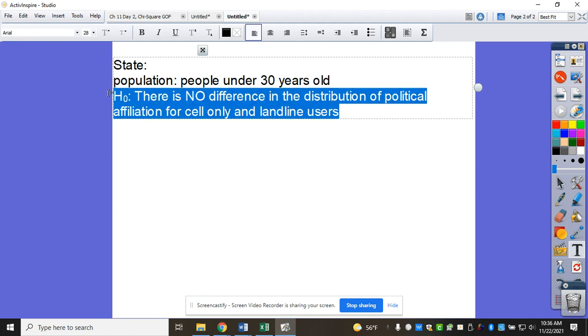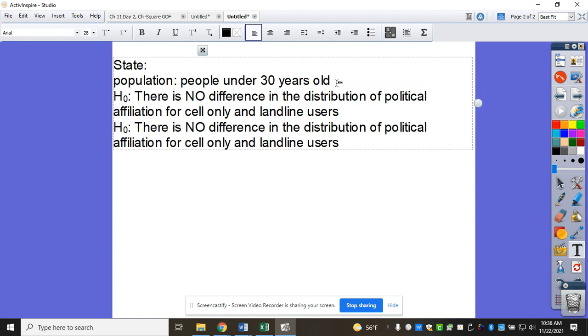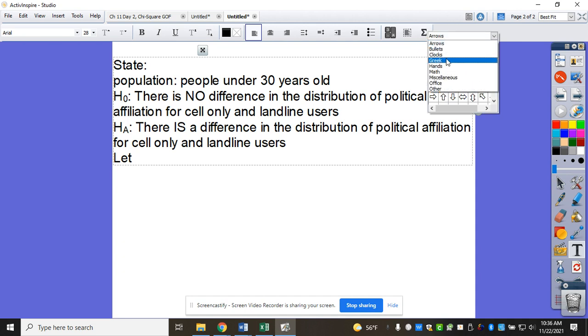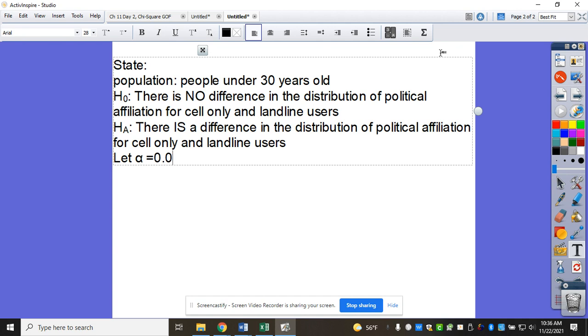The only difference between this and this is what? There is a difference here as opposed to being no difference. And the only other thing I need in state is what? And was one given in this one? It was given 0.05.